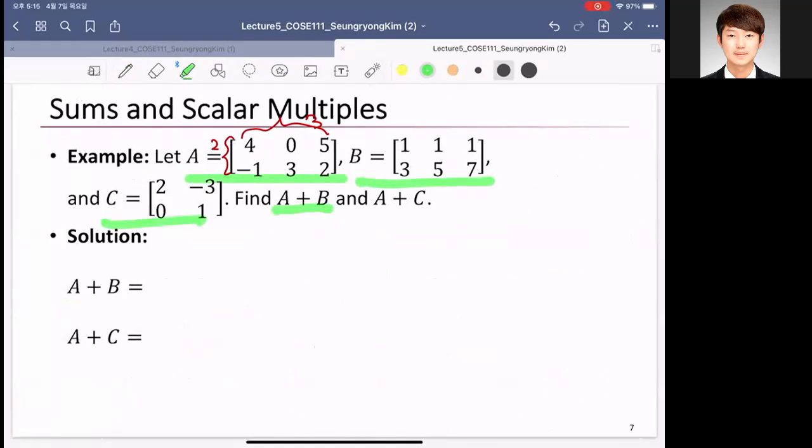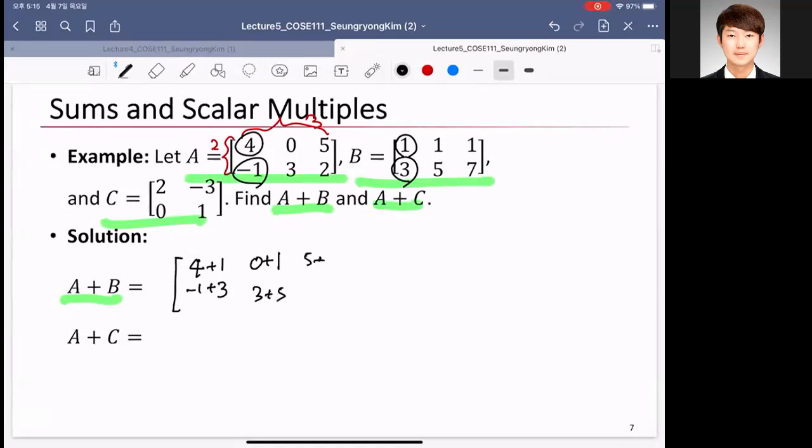Find A plus B and A plus C. A plus B is the sum of corresponding entries: 4 plus 1, -1 plus 3, 0 plus 1, 3 plus 5, 5 plus 1, 2 plus 7. So it's going to be 5, 2, 1, 8, 6, 9.